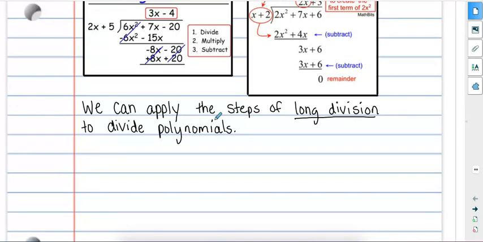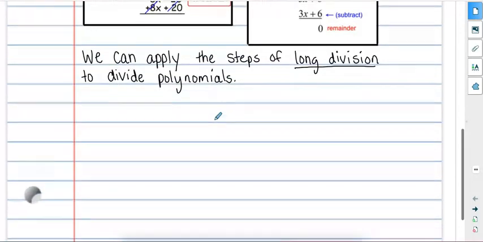polynomials. So let's say, for instance, we have 1,984 divided by 16. Okay, so of course, up here, this is our numerator.